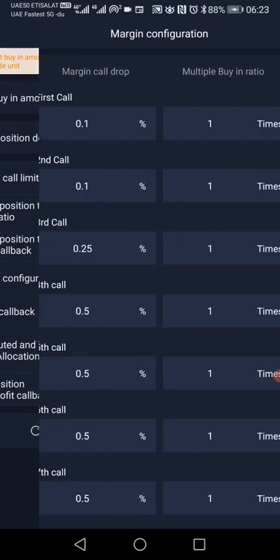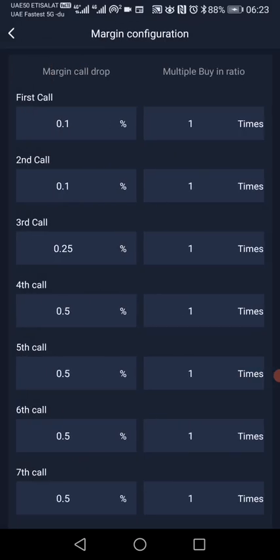Assuming it has made the fourth call, after the initial trade it makes the first call, the second call, the third call, and the fourth call. It will not close this position until the price rises above the initial price that you bought. The initial price is going to be registered under your average price. So it will not close that position until the price rises above the price you entered that market.